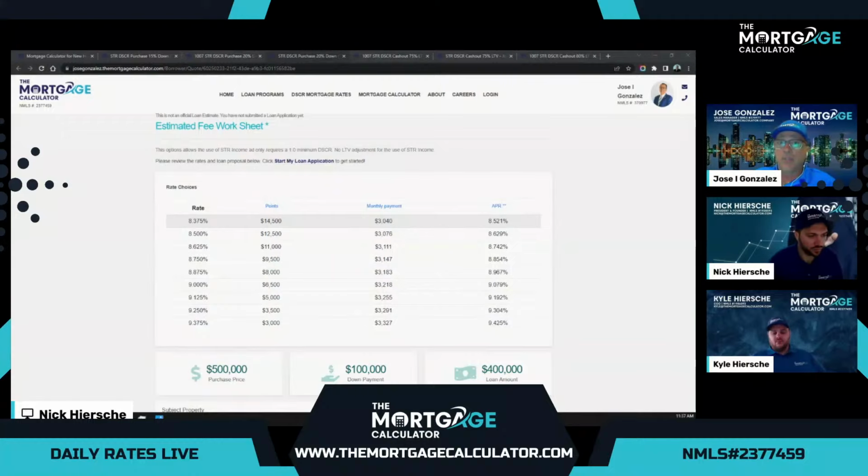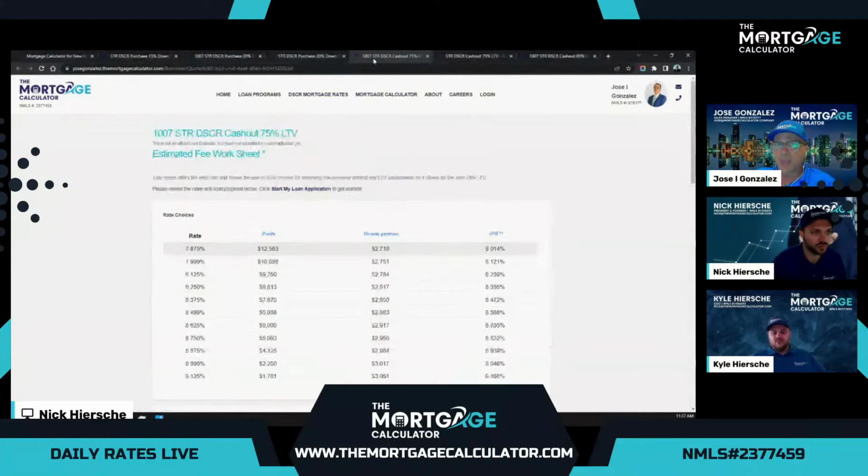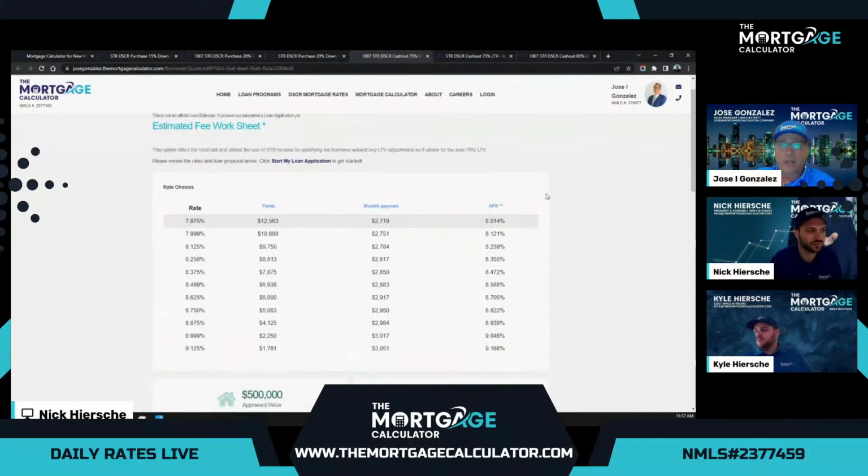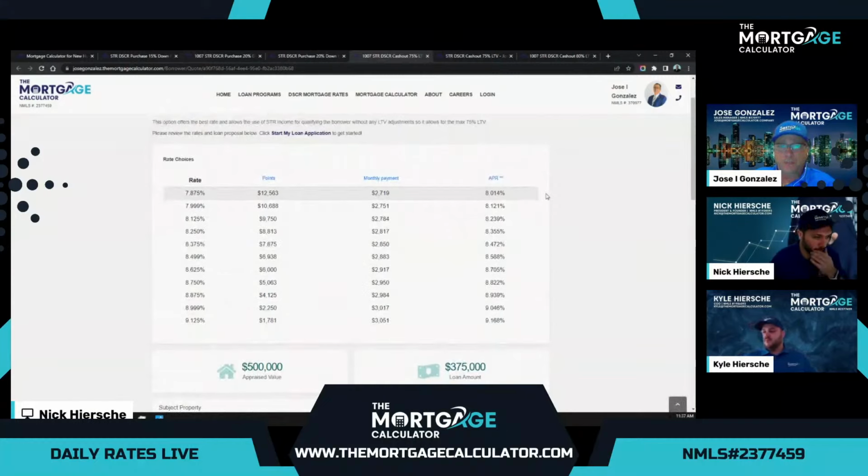So now I'm going to go to cash out options, and we're going to go to the 1007 STR DSCR 75% LTV option. This one, you can see, has pretty good rates here. Now, with this one, it does require one of two things to happen.